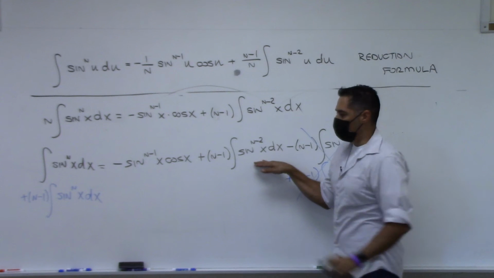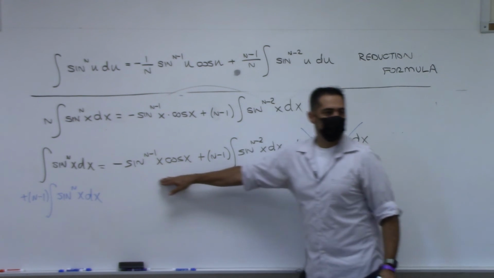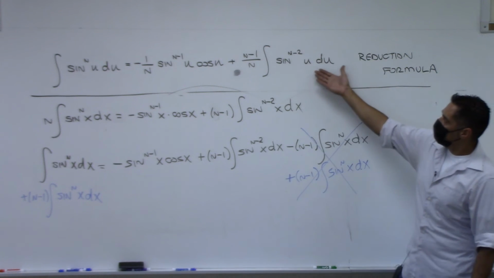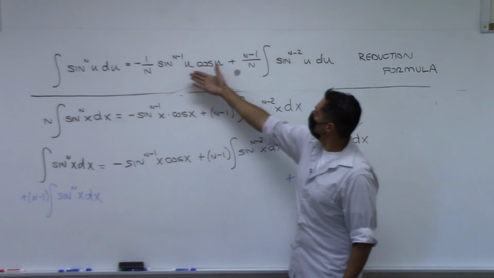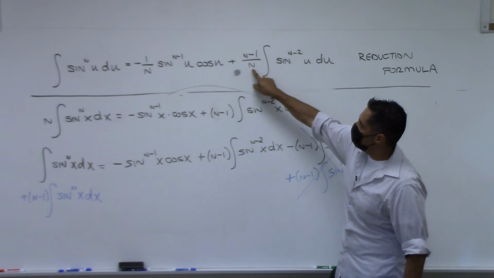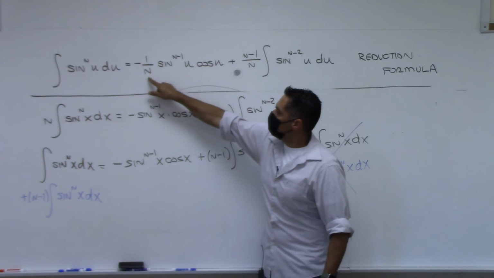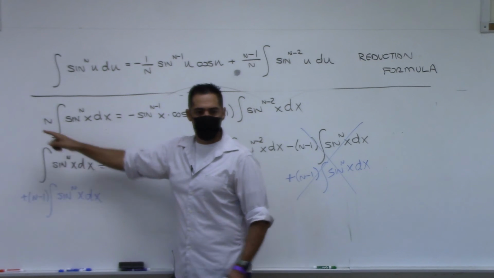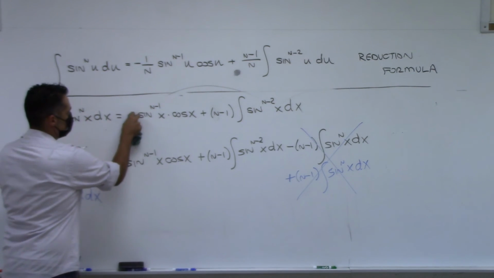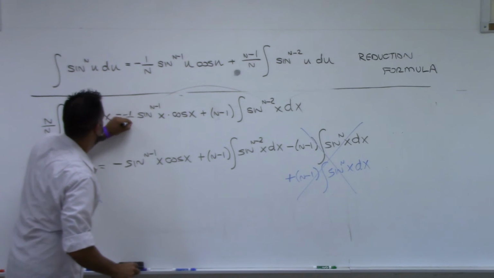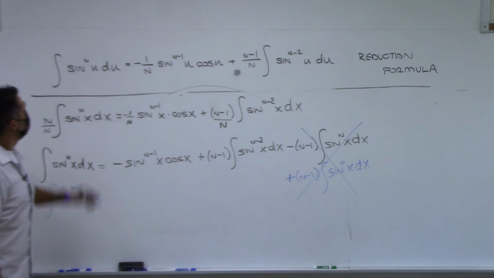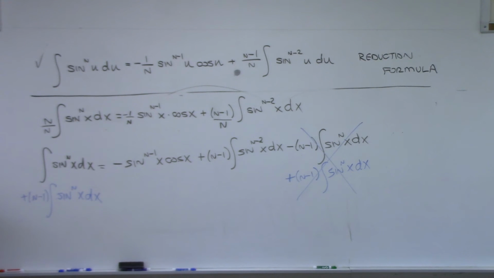So that's just all of this rewritten. You see the last step? Look, we're almost here. This is almost this, right? I'm missing that n and that n right there, but that comes from this right here. So I divide everything by n. This becomes a minus 1 over n, and then this becomes n minus 1 over n. That's the formula.